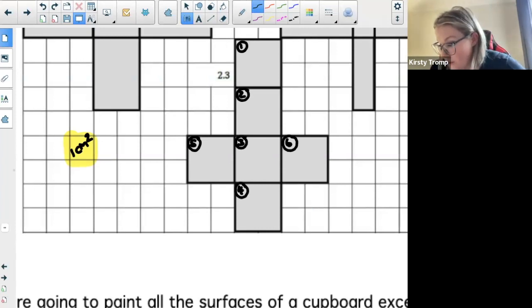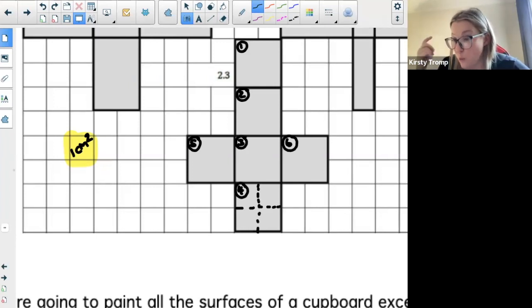So in one of these squares, if I work out the area, I can see that I've got 1, 2, 3, 4 blocks. And if each block is 1 centimeter squared, then for one whole square, it's going to be 4 centimeters squared, okay?